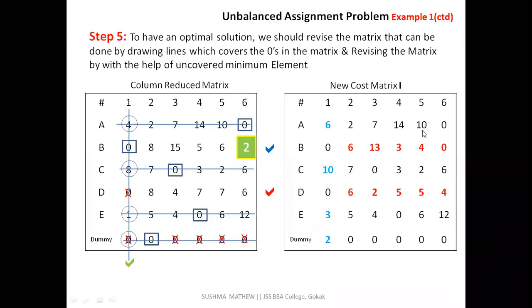But where there are uncovered elements, there I have deducted 8 minus 2 is 6, 15 minus 2 is 13, 5 minus 3 is 2, 6 minus 4 is 2, like this. These colors I have used so that red is for reduction, blue is for addition. Intersections where all are there, no, there I have added, and where the uncovered elements are there I have deducted.